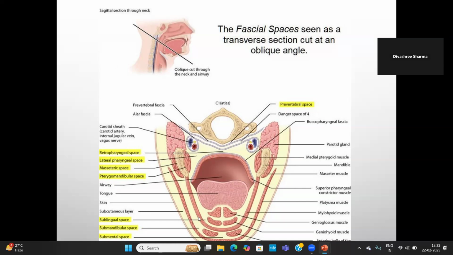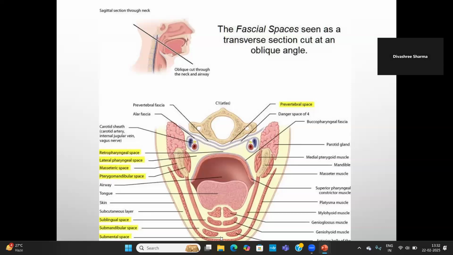This muscle is the mylohyoid muscle, the most important muscle in odontogenic spaces. These two are the anterior bellies of the digastric muscles, and between the two anterior bellies would lie the submental space, as we have been discussing through the beginning of this lecture.